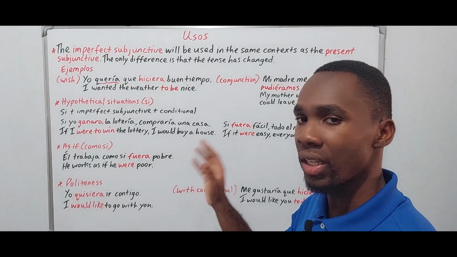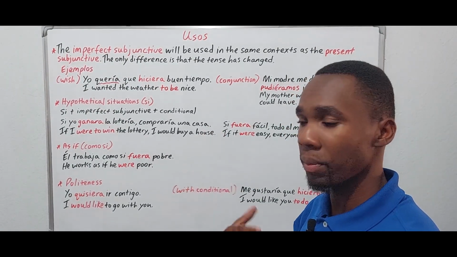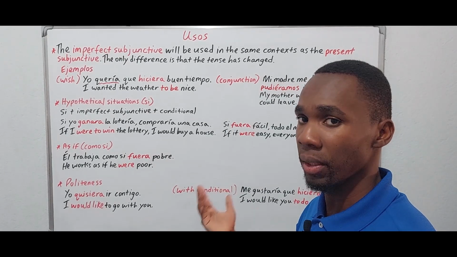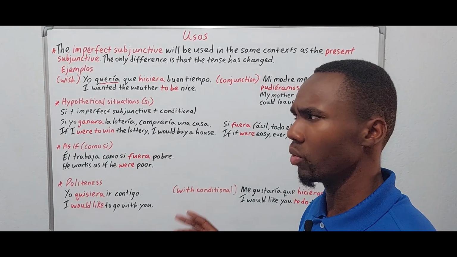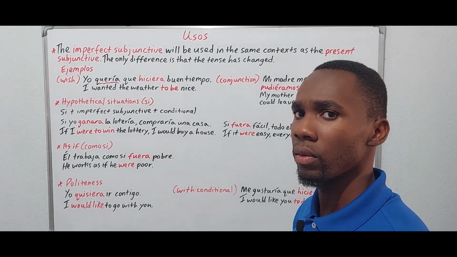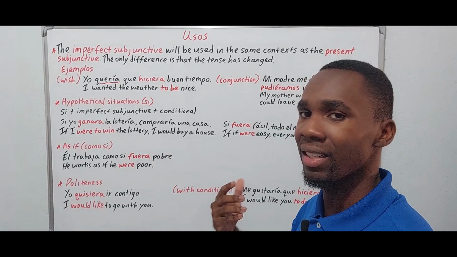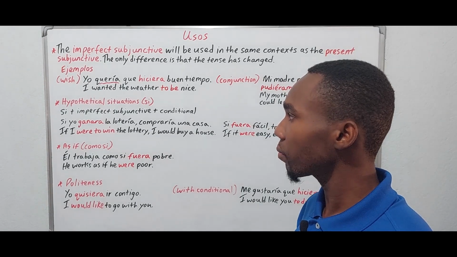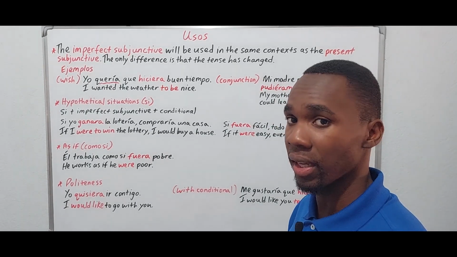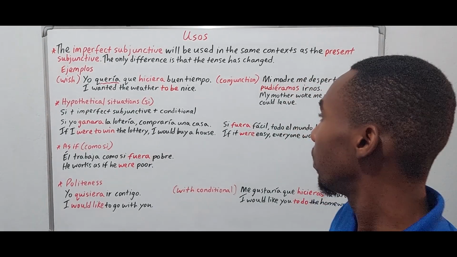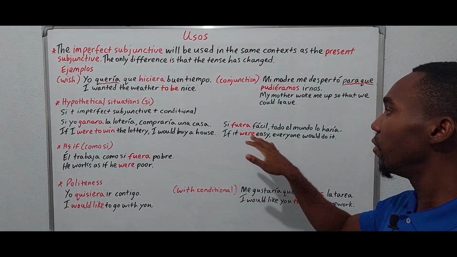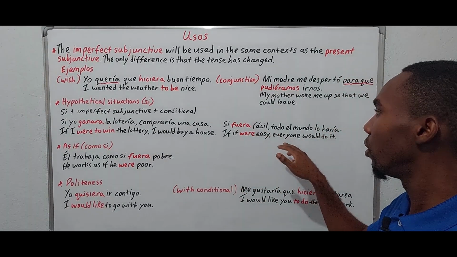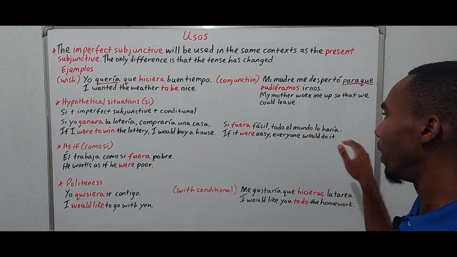So after si, if we're talking about a hypothetical, we have to use the imperfect subjunctive. We cannot use the present subjunctive there. Si can only be followed by the indicative or the past subjunctive, right? And that's when we're talking about hypothetical situations. Another example: Si fuera fácil, todo el mundo lo haría.